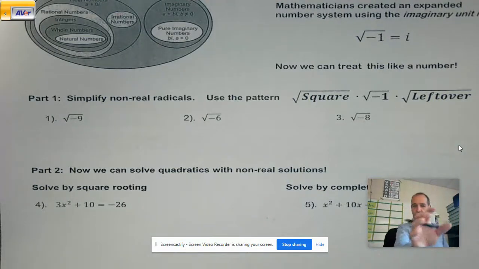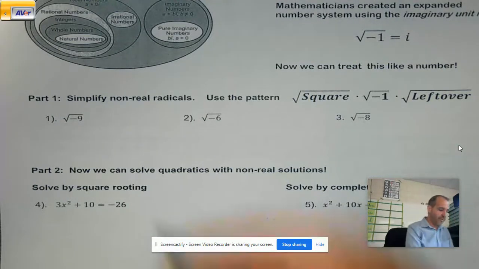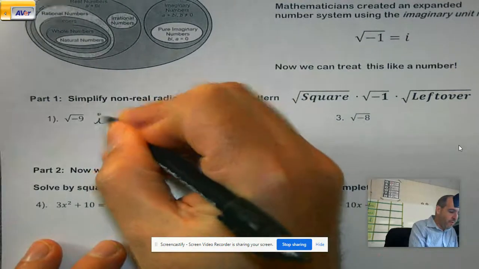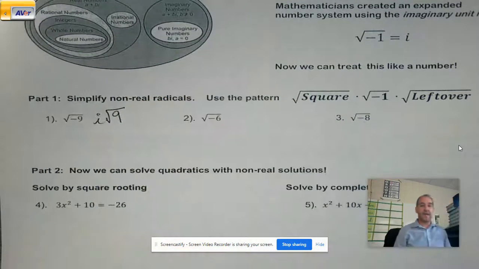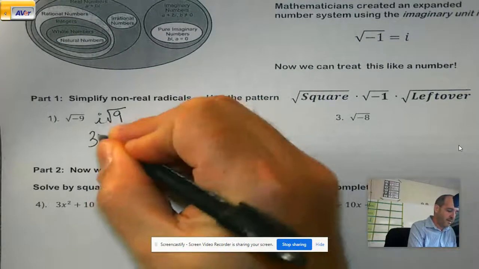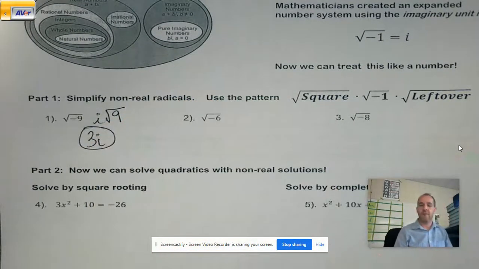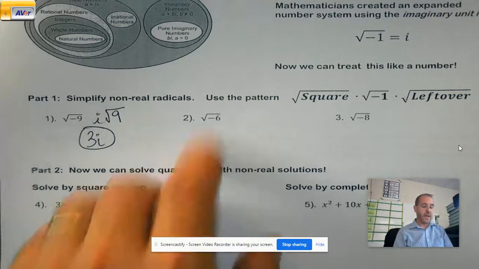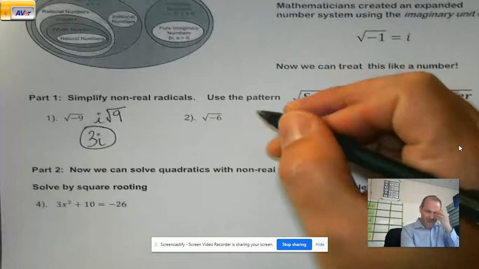I was going to yank that out and put it right in the screen and gross you all out, but that's okay. So we pull an i out when we see a negative, and it makes the value that's left underneath positive. Now you're like, well, the square root of 9 is just 3. 3i. We're done. So that's really the only thing you have to remember: when you see the negative under the radical, pull an i out.